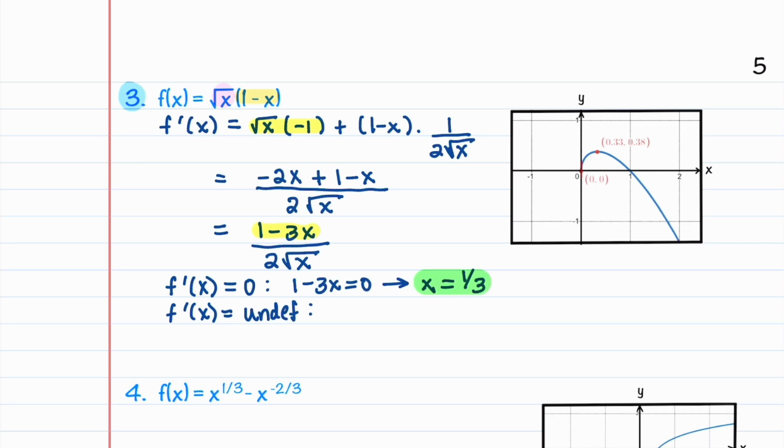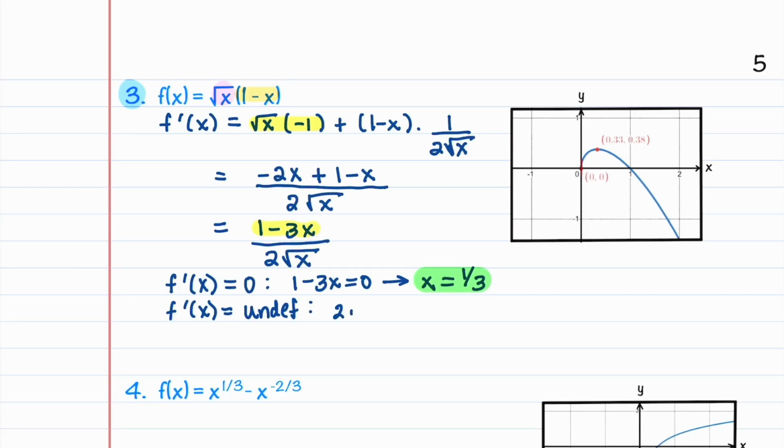That is going to happen when our denominator is equal to 0. So we have 2 root x equal to 0, and that happens where x is equal to 0. Now, we can't just assume that this is going to be a critical number.